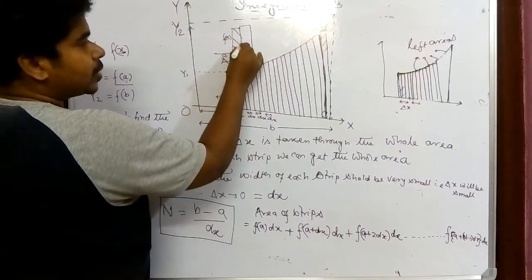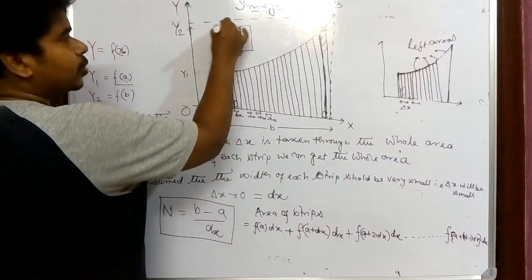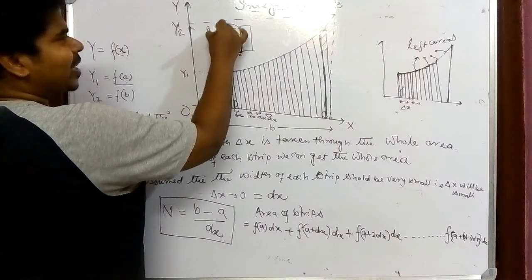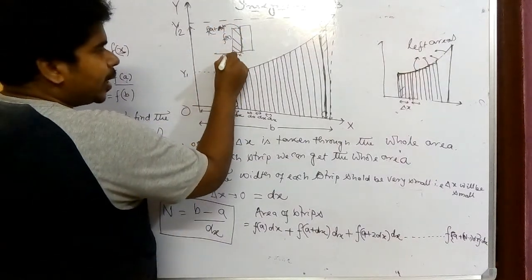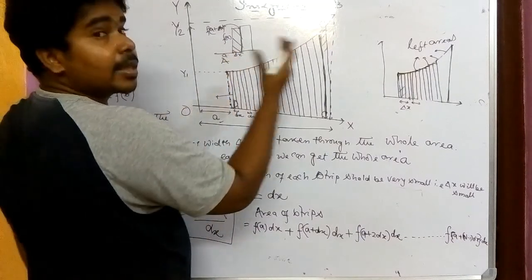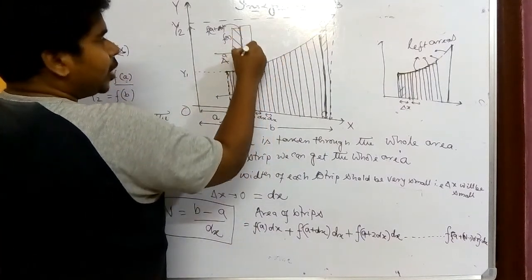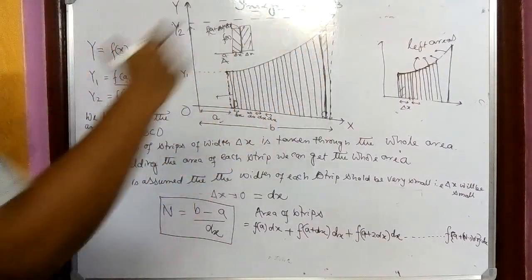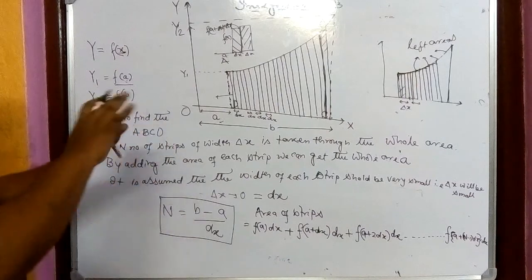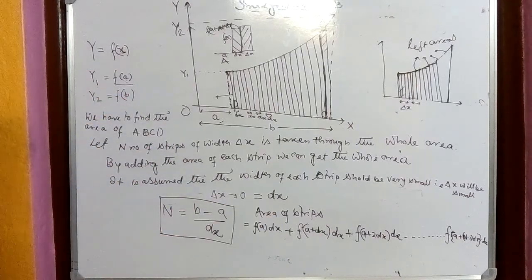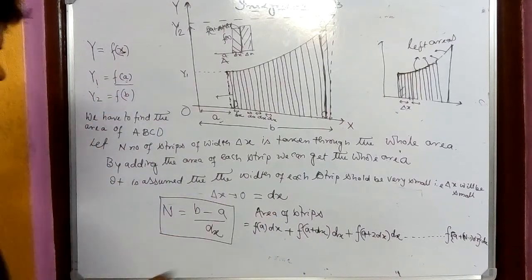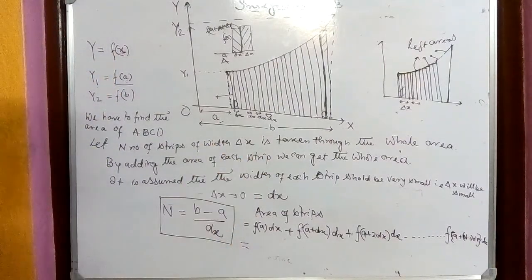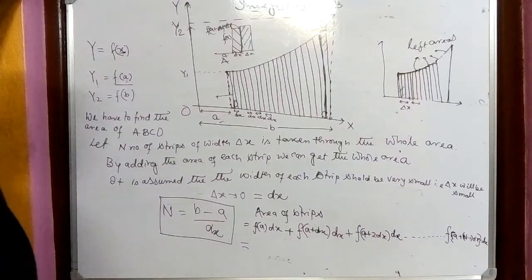Now this length changes to f(a plus dx) or del x, whatever you take, because it is a, and here delta x comes after, and then into delta x, this area. Like this it will propagate. That is the way we have taken and found the whole area. If I want to write it in the form of summation, because it is coming continuously, we can write it in the form of summation.